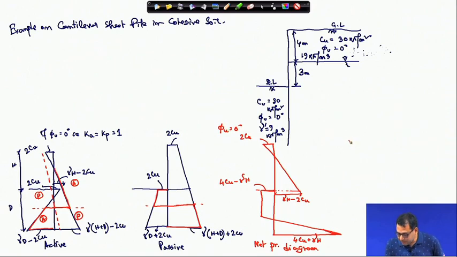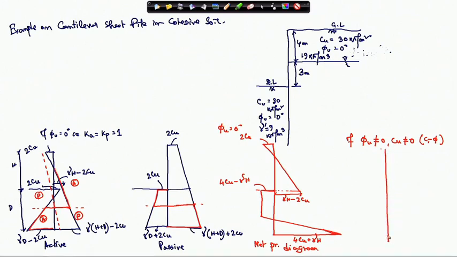Now, if phi u is not equal to 0 and Cu is also not equal to 0, so it is a C phi soil, then this diagram would be a similar pattern, only the values will change. So, in that case, I have to draw it like this.